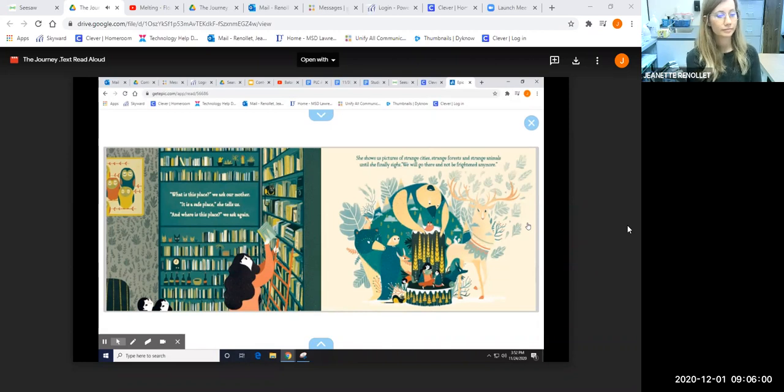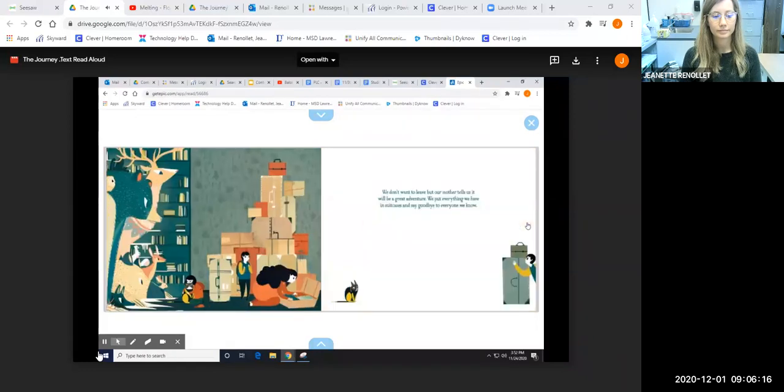We ask again. She shows us pictures of strange cities, strange forests, and strange animals until she finally sighs. We will go there and not be frightened anymore. We don't want to leave, but our mother tells us it will be a great adventure.